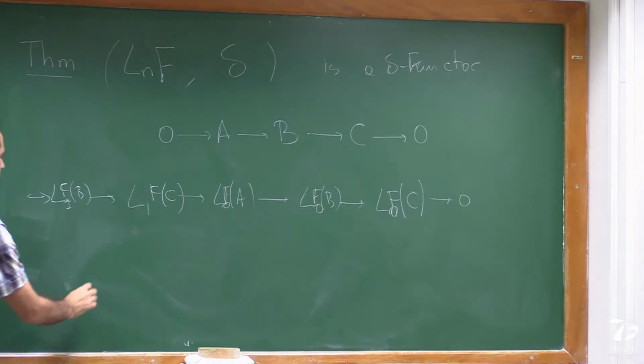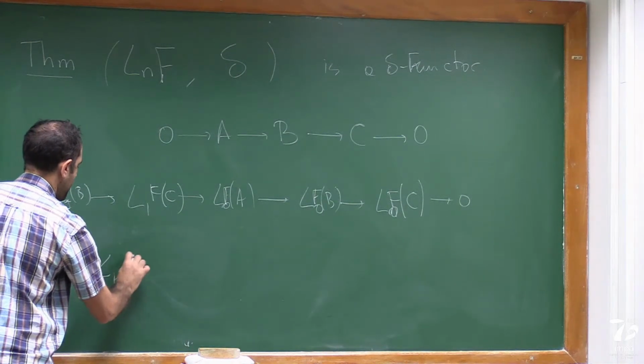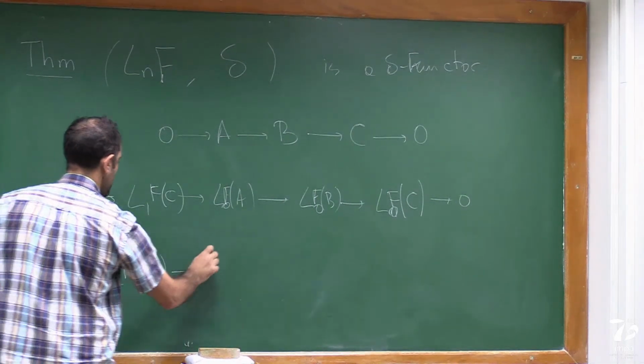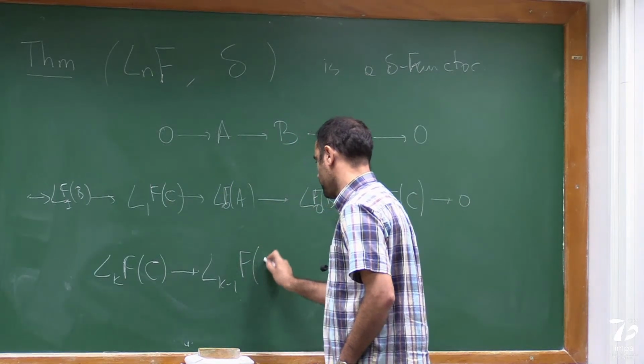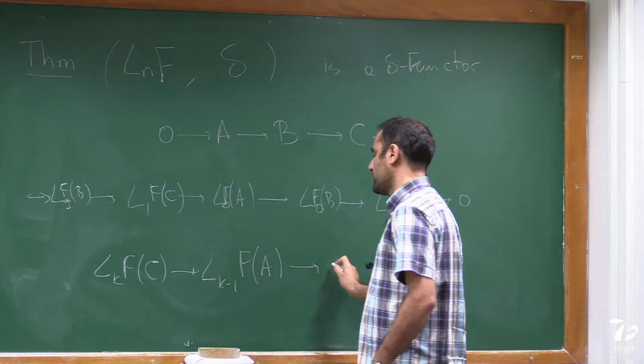So in general, we want to go from L_k F of C to L_{k-1} F of A. And this is exact.